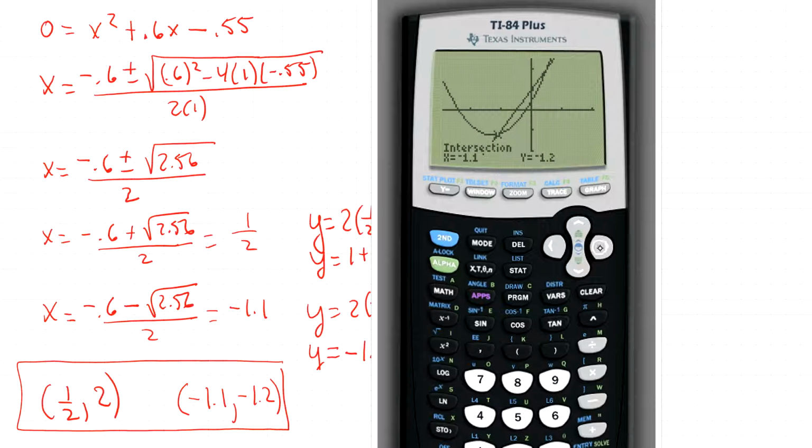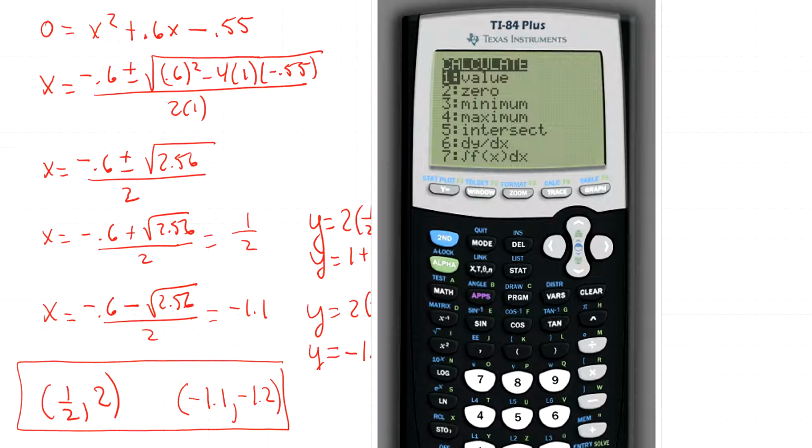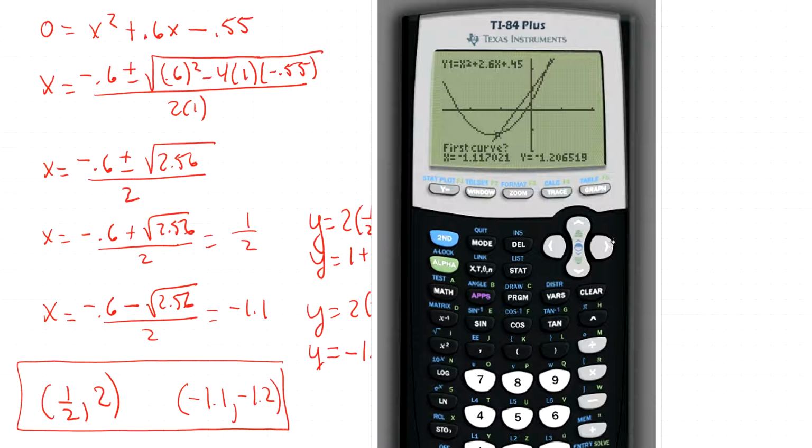So if we look, this one here is going to be roughly half, but we can do the same thing using our intersection command. So let's try it again. Second calc, intersect, hit enter. Okay, so I'm going to try and get this closer over here.